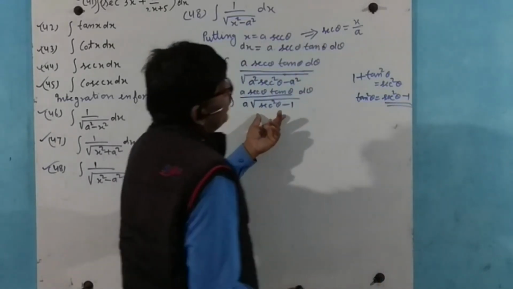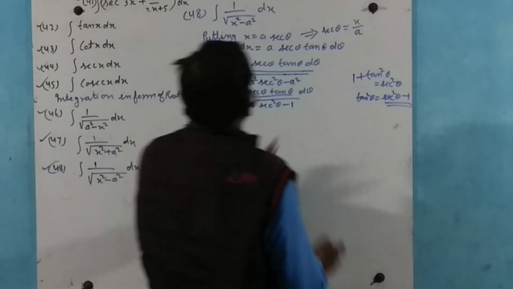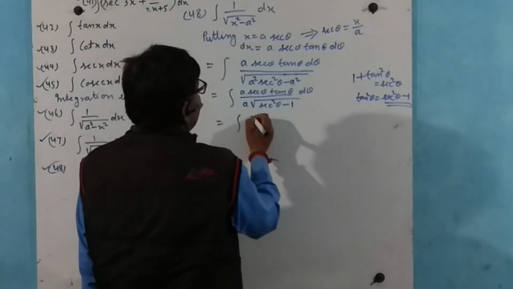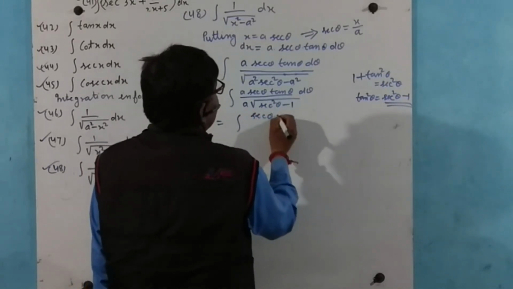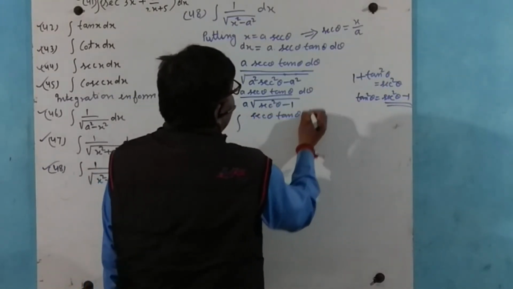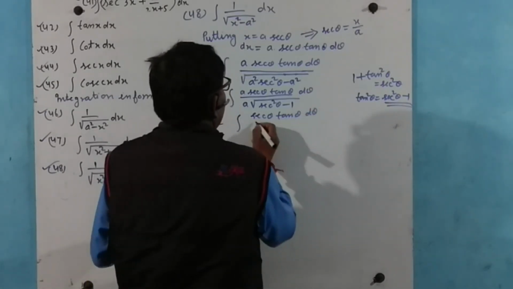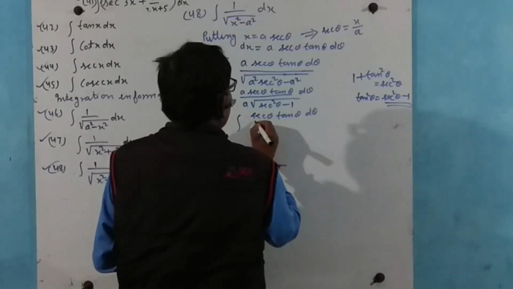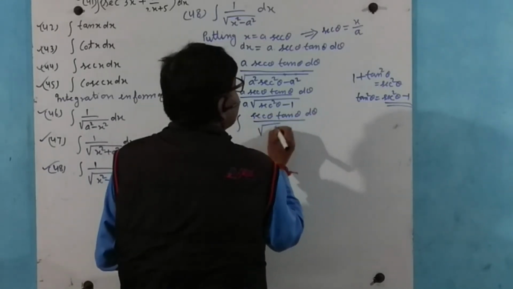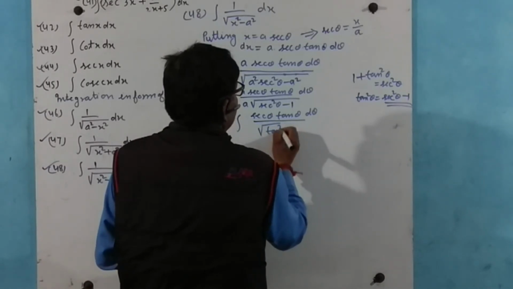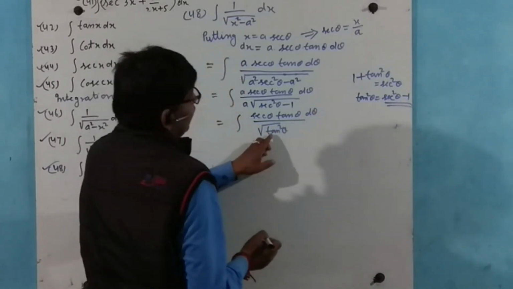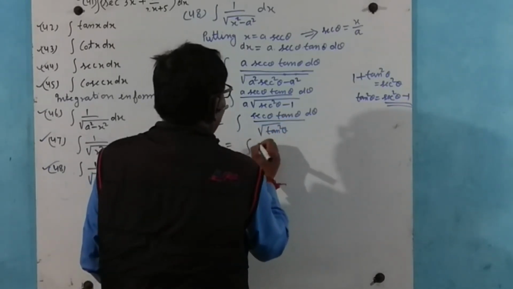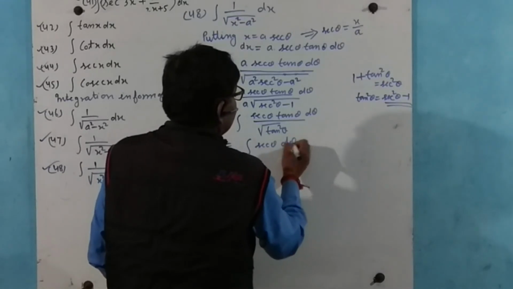Using tan square theta, a and a cancel, leaving sec theta tan theta d theta over under root tan square theta, which is simple tan theta. Tan theta and tan theta cancel, so we get the integration of sec theta d theta.